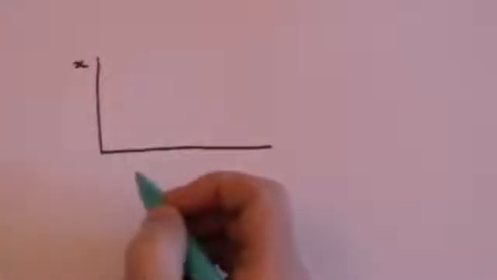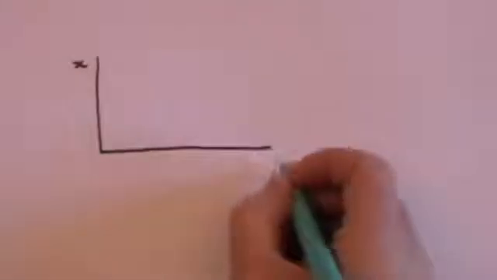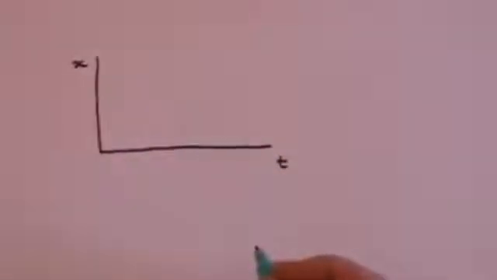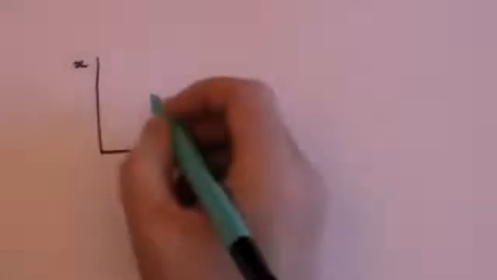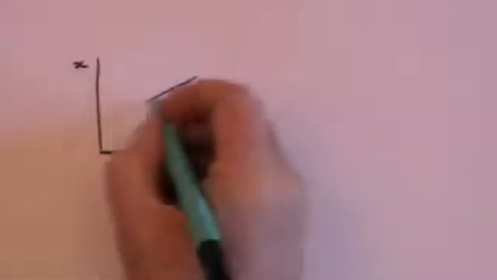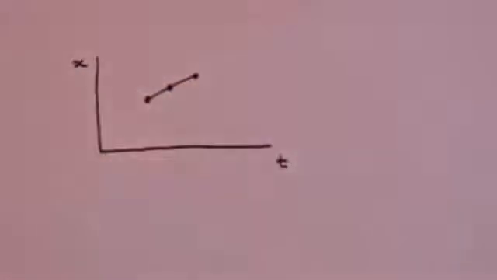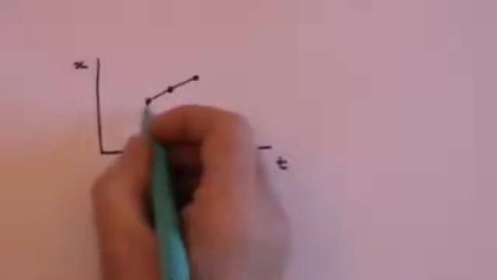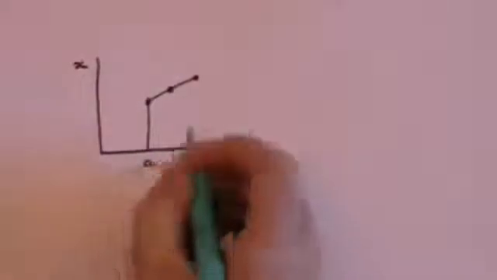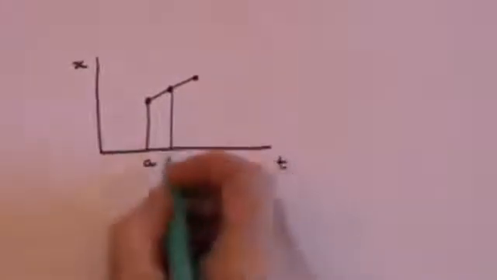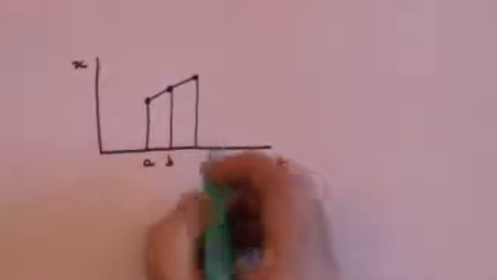So here is x, that is the height above the ground of the ball, and here is time, that's time passing as the ball moves from left to right. And we are now going to reduce that trajectory of the ball to just 3 points, which will look something like there, there, and there. This is point A, this is, as it were, at time B, and this is at time C.